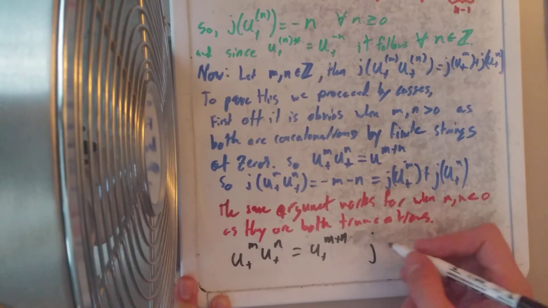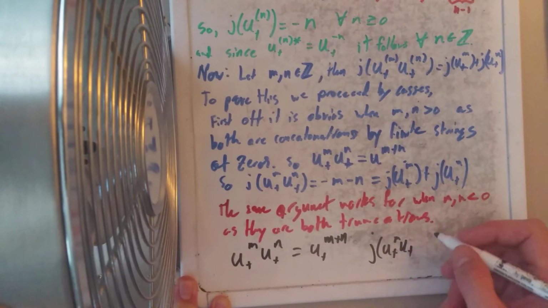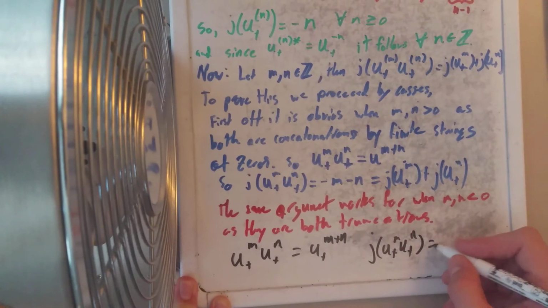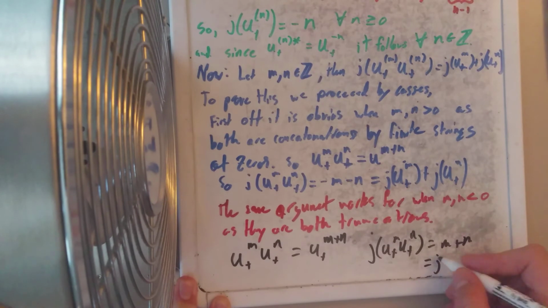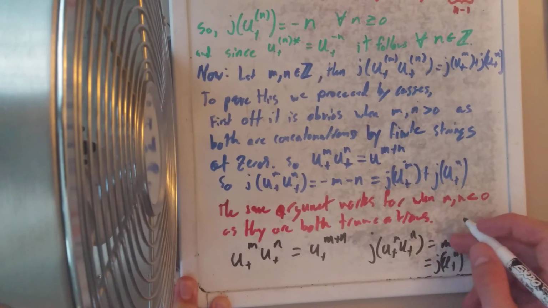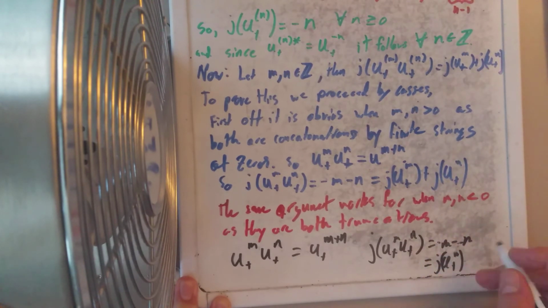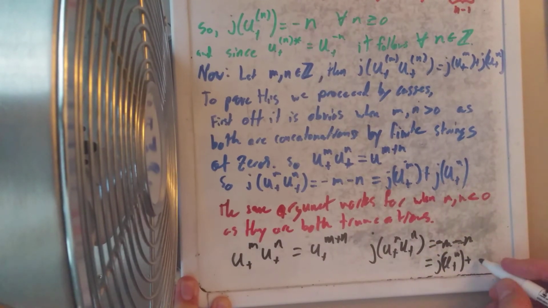So obviously we're going to get that j of u plus m, u plus n is equal to m plus n, which is by definition j of u plus m, sorry, these are negatives, which is going to be j of u plus m plus j of u plus n, right?